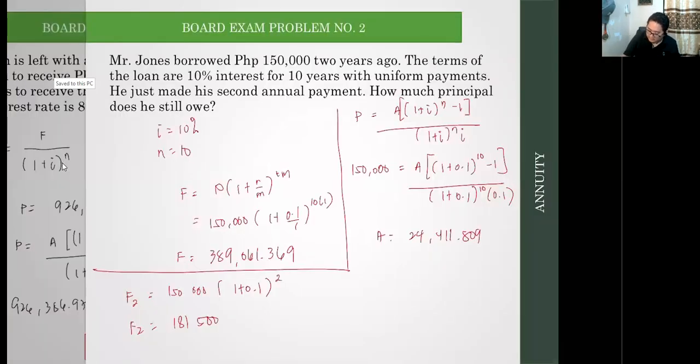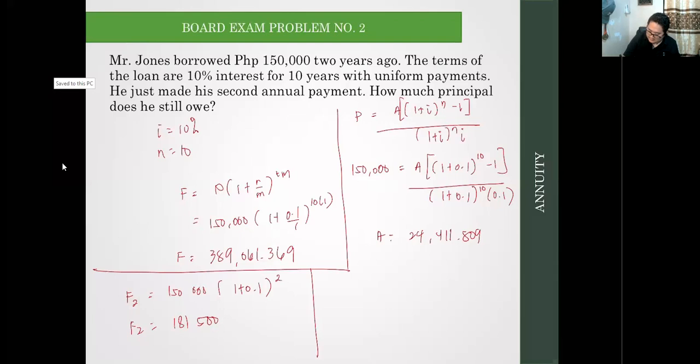So ito yung amortization. Yung future value natin, future value equals amortization times 1 plus I to N minus 1 all over I. Okay. Na-calculate natin amortization, 24,411.809, times 1 plus 0.1 raised to 2 minus 1 over 0.1. So, ito yung naibayad naman niya.